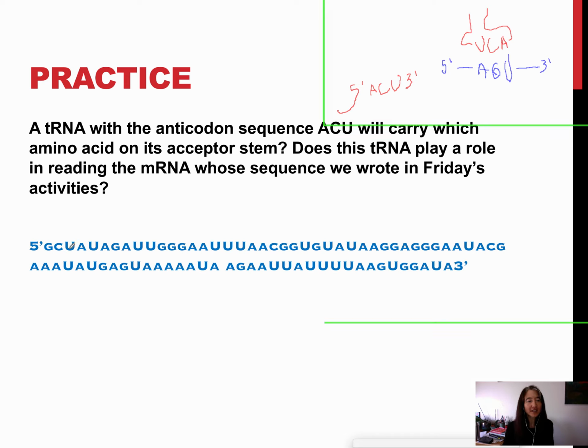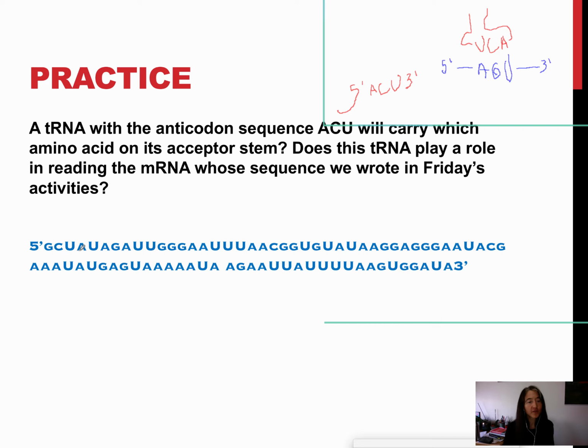So we recognize that this whole region right here is the 5' untranslated region, and we need to scan down this looking for the first AUG to know that that's where the reading frame will start, where we will set the triplicates to read the codons.